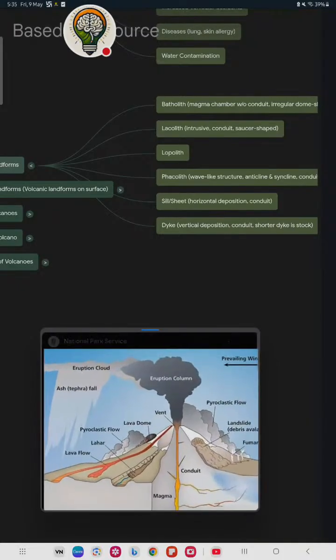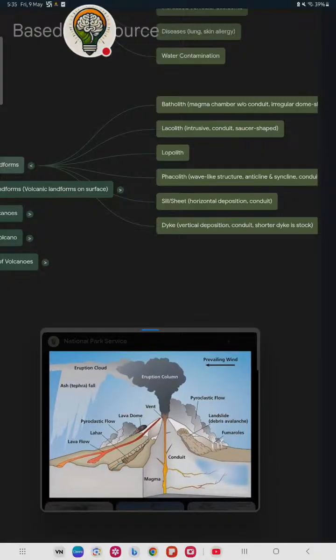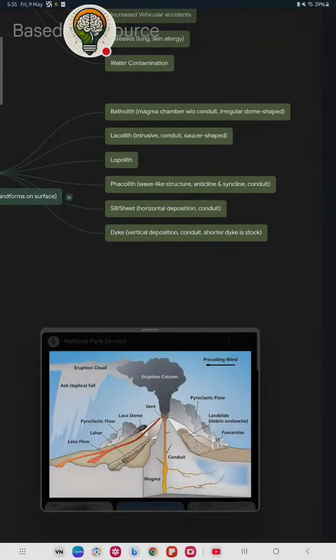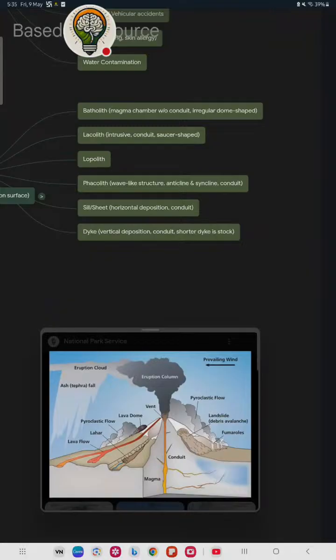The batholith is the magma chamber, an irregular dome shape under the earth.